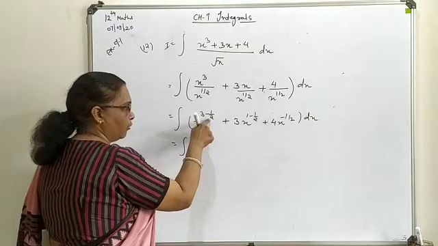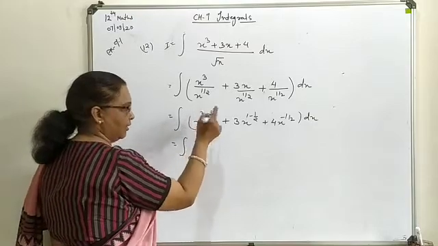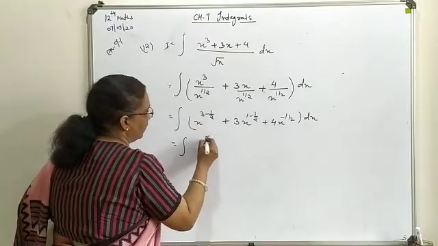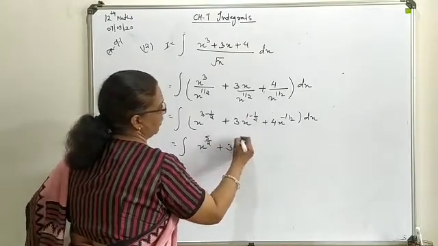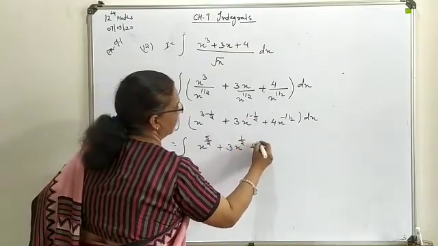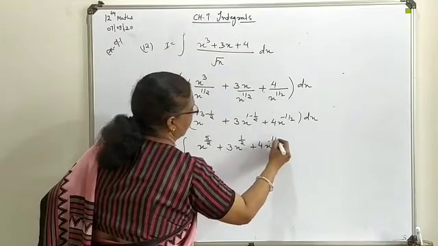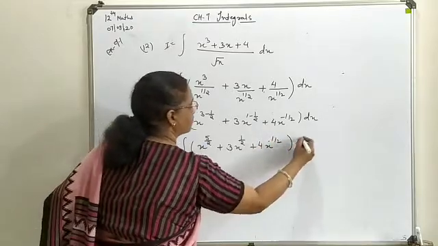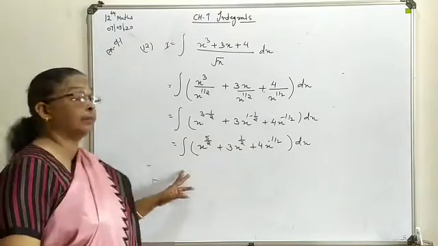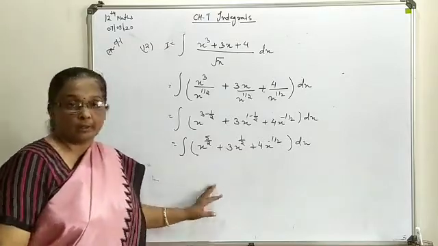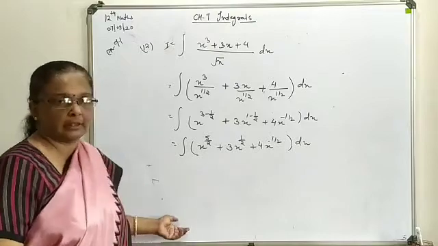Now go for taking LCM, that is 6 minus 1, 5 by 2, plus 3 x power 1 by 2, plus 4 x power minus half. Now you can see it is very clear that each term is available for integration individually. So proceed for the integration here.